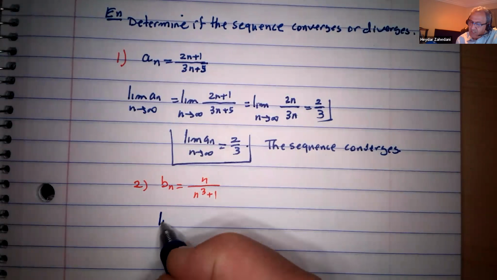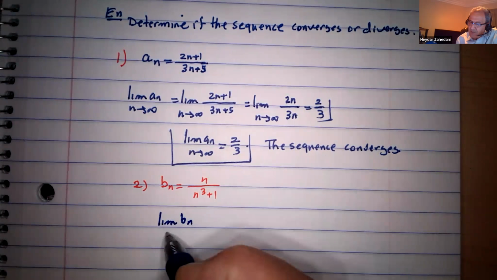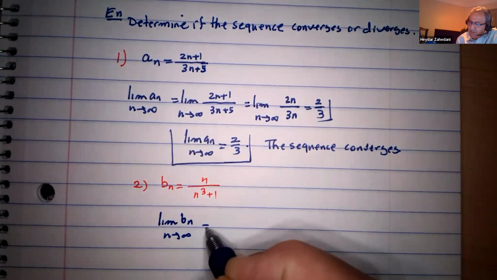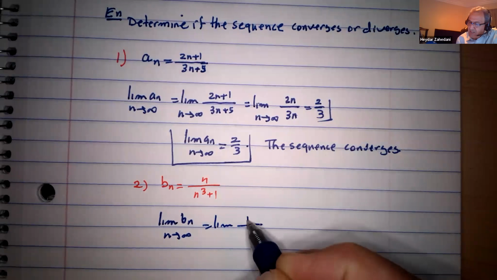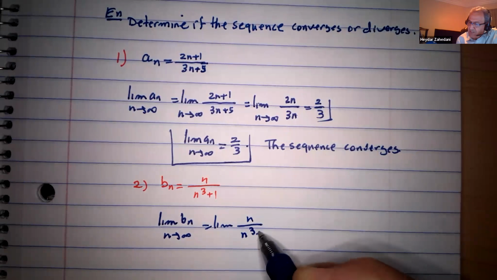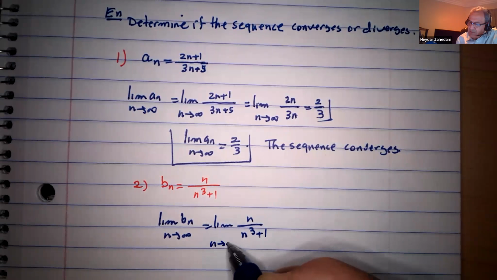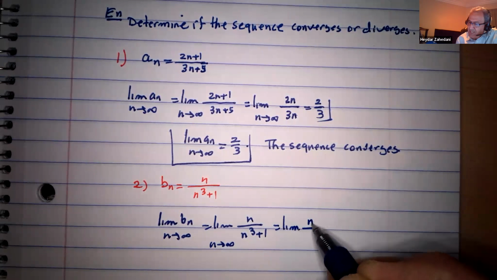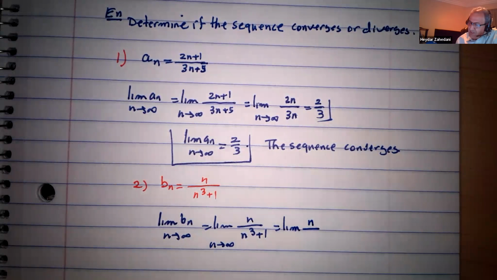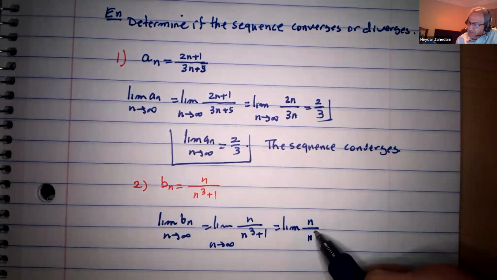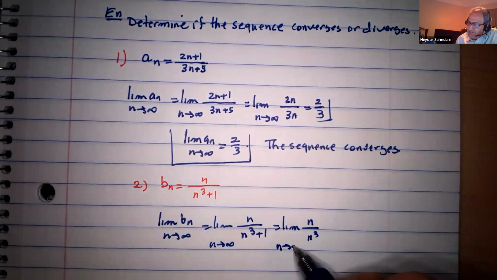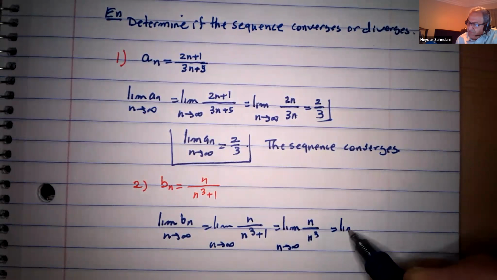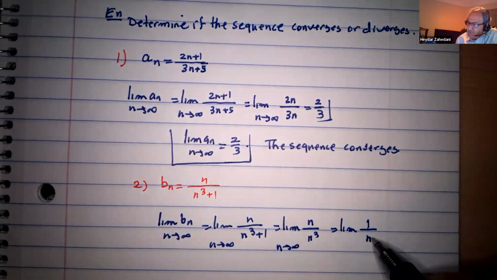But to check it, again, the limit of b_n as n goes to infinity is going to be the limit of n over n cubed plus 1. The method that I suggest is the limit at infinity, so the limit of the top is like the limit of n, the bottom one is n cubed. You simplify it first, so that you get the limit of 1 over n squared when n goes to infinity.